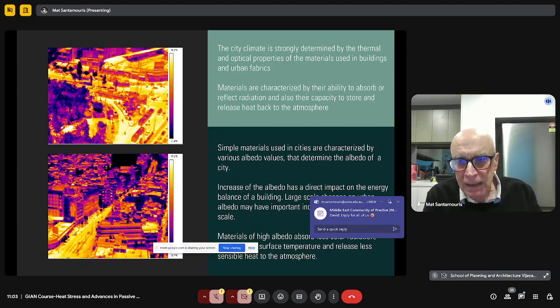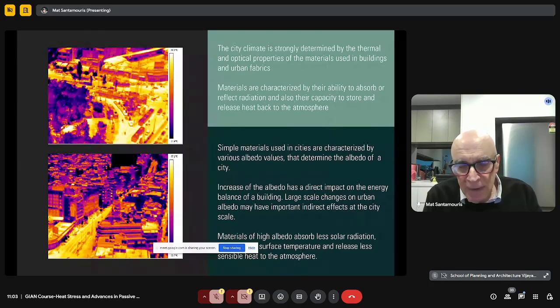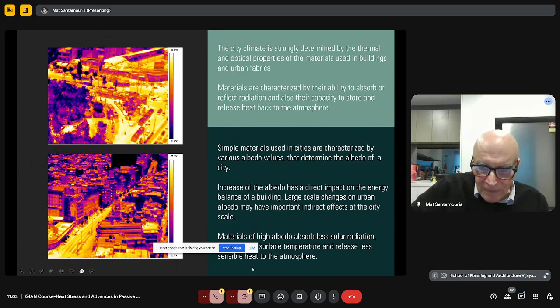Materials which are used in cities are characterized by a reflectance. The broadband reflectance is called albedo, and the materials' albedo determines the albedo of the city. An increase of the albedo has a direct impact on the energy balance of a building. Large-scale changes of the albedo of the city may have very important indirect and direct effects at the city scale.